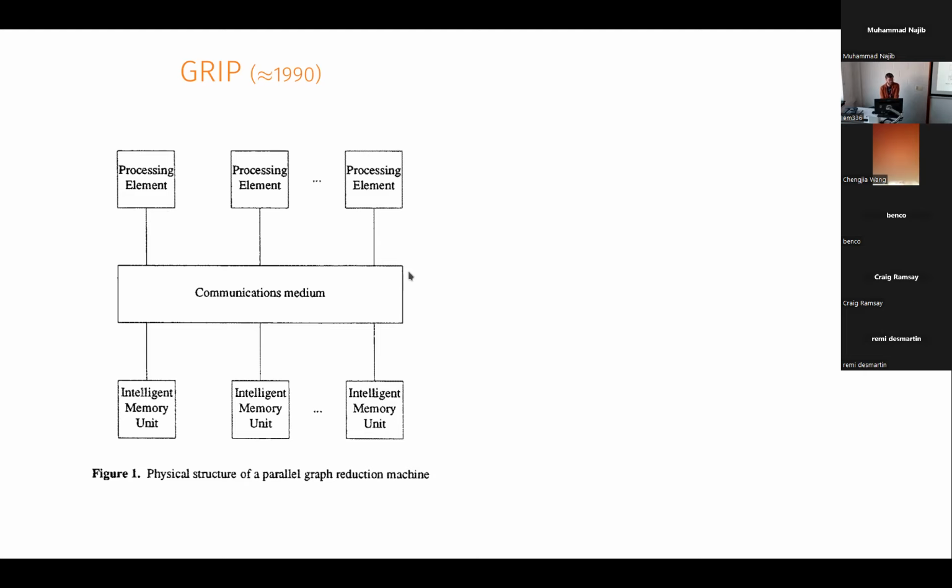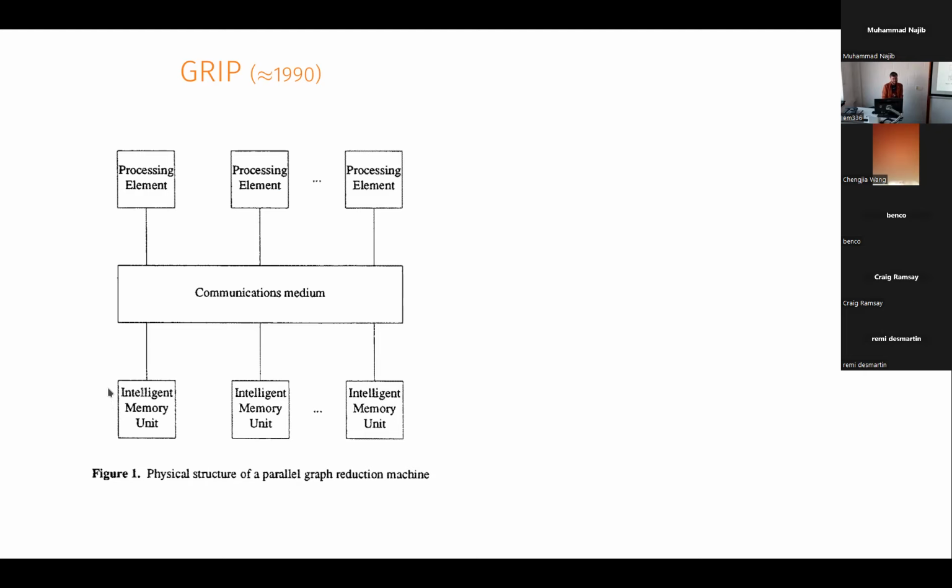They also spend a lot of time in the literature about GRIP talking about this communications medium, which required a lot of effort. So it's this packet switched bus. It's got packet queues, reordering. A lot of engineering went into that because that is easily the bottleneck in a system like this.